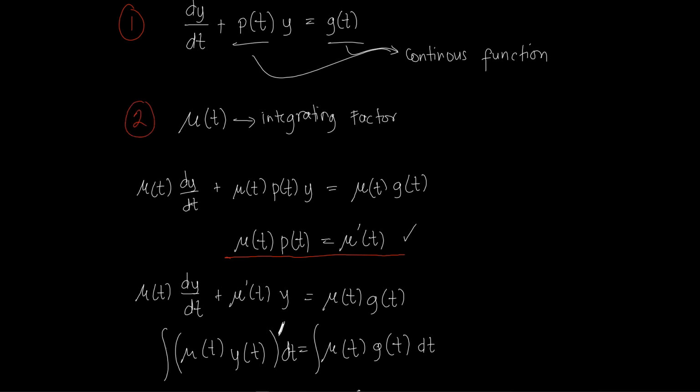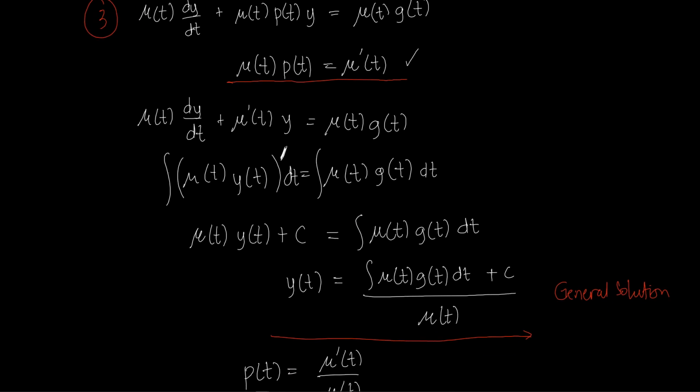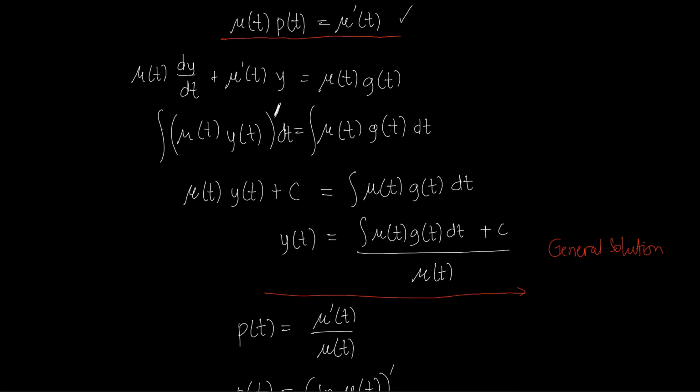After ana, i-multiply na to everything by mu of t. Okay? Then, integrate na to both sides. And then, solve for y of t.